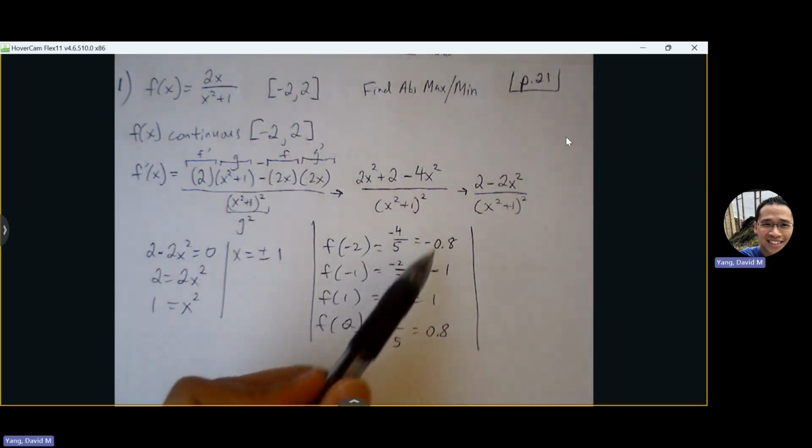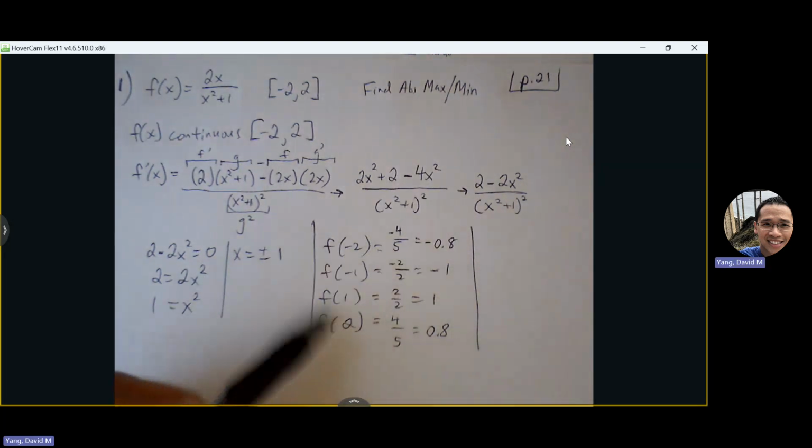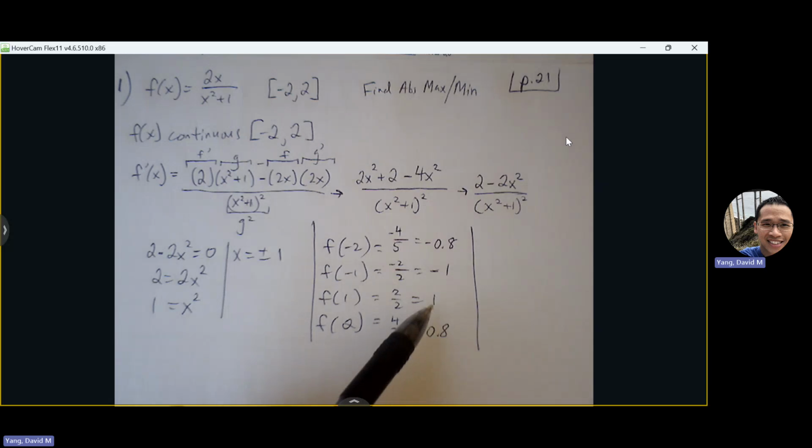Okay, we just want to find the absolute max, absolute min. We don't care about the x values. Absolute max is 1. Absolute min is -1.